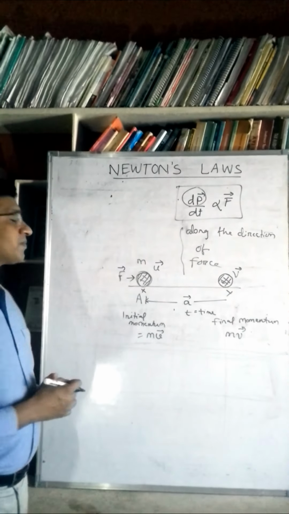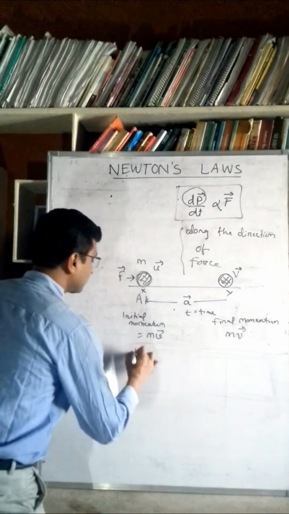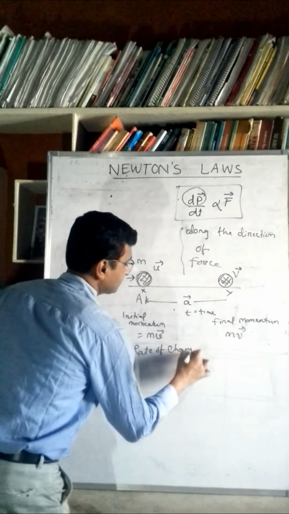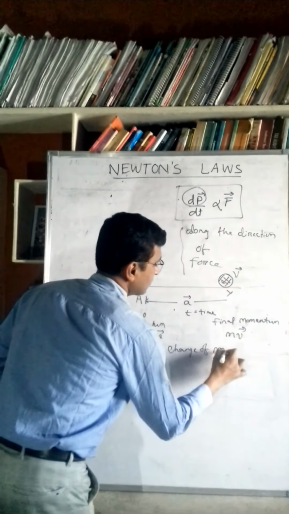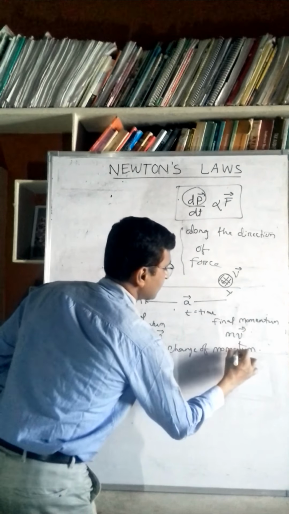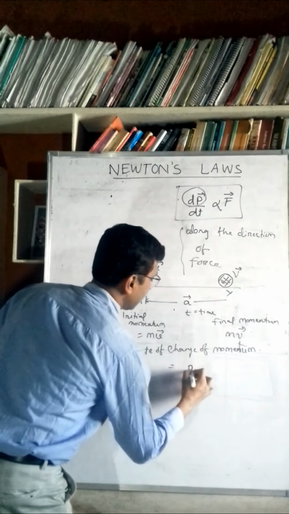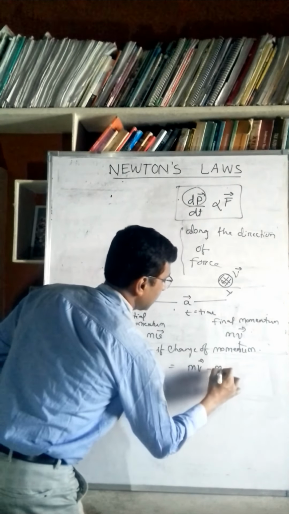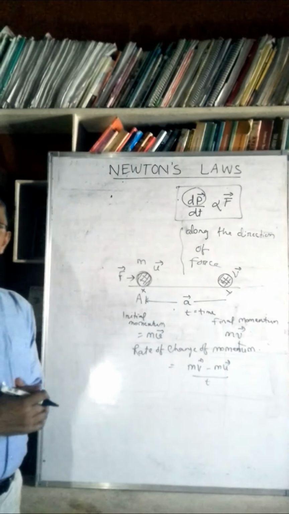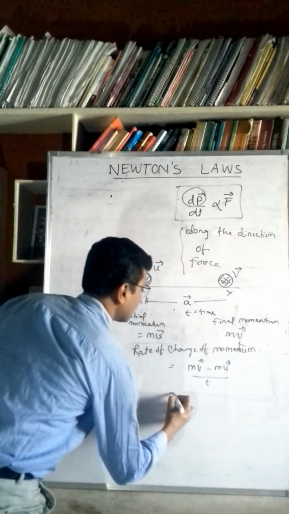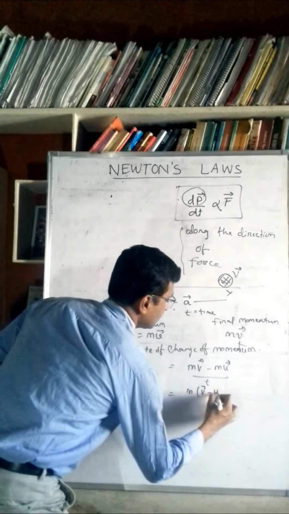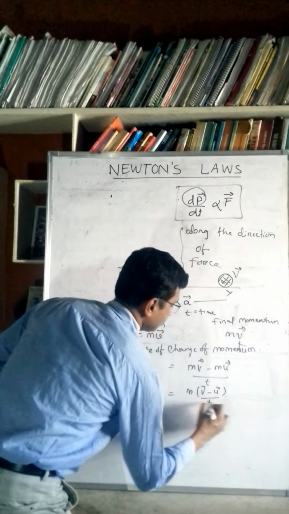Now the rate of change of momentum means what? The rate of change of momentum can be written as mv minus mu divided by t. Now this is equal to m(v minus u) by t.